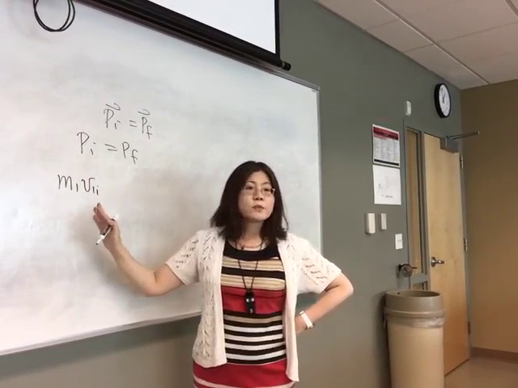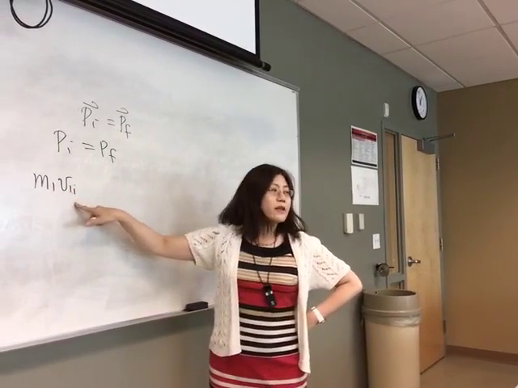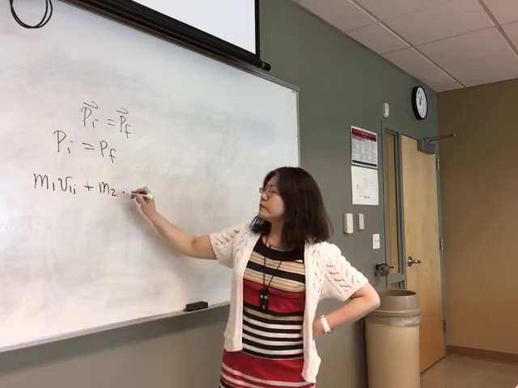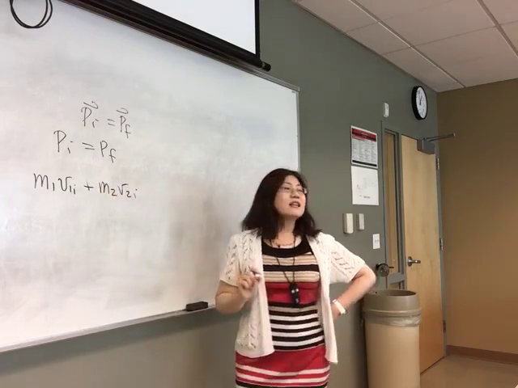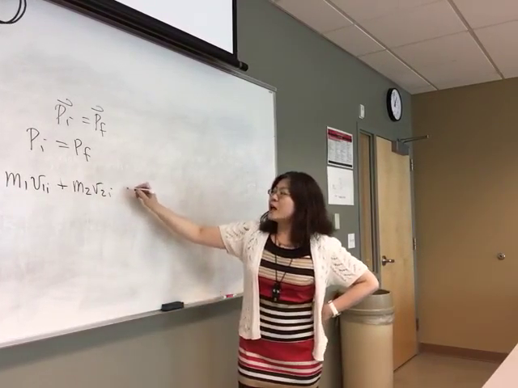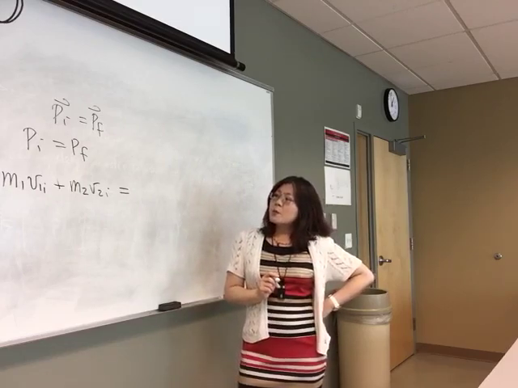The symbol is very important because that's how you keep track of each quantity. So M1 V1I plus M2 V2I, that's your linear momentum before collision. That's the only 2 terms. All right, and it has to be equal to the final linear momentum. So how would you write the final linear momentum?